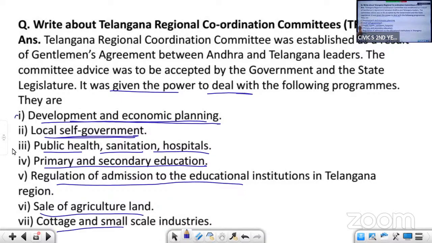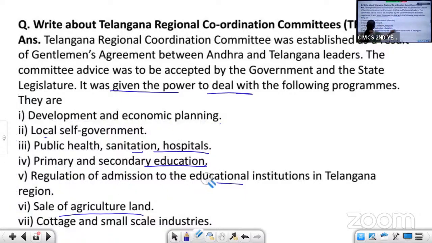In all these matters, the Telangana Regional Coordination Committee will take the decisions, only in the Telangana region.